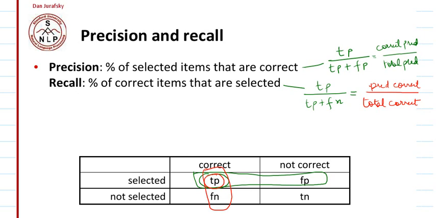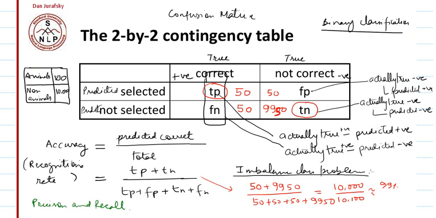So in our previous example, the predicted for the animal class is 50 and the total number of true animals is 100, right? So the total number of true animals is 100 here, and among 100 it has predicted only 50.